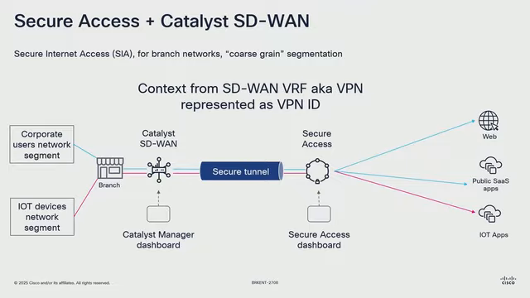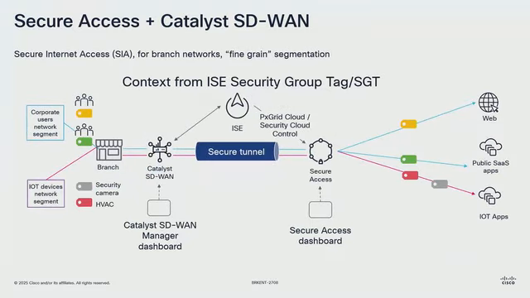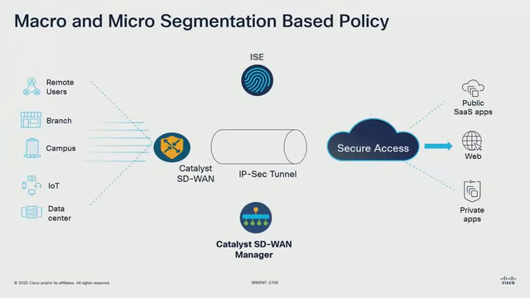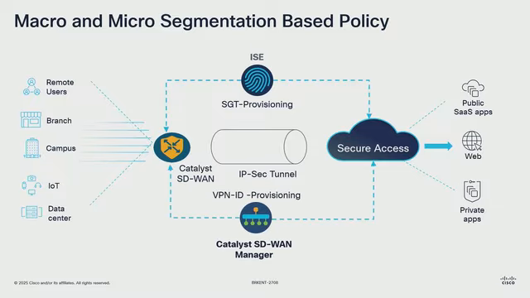So secure access with SD-WAN. We also have the ability to use those VPN ID and SGTs up in the cloud here. And we can actually use the SGTs and VPN ID in rules inside of secure access, which is pretty slick. That gives us the ability to do segmentation based upon those SGT or VPN ID up in the cloud.